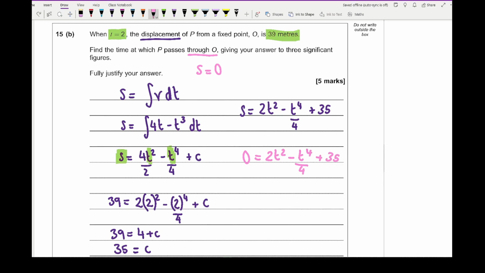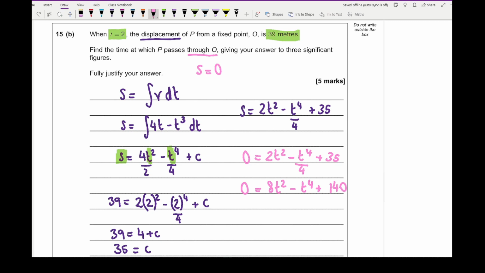Now at this stage you should consider tidying up the quadratic, or hidden quadratic I should say. So if we multiply through by 4, we get 8t squared minus t to the power of 4 plus 140. Now there's that hidden quadratic within the 8t squared and t to the 4.